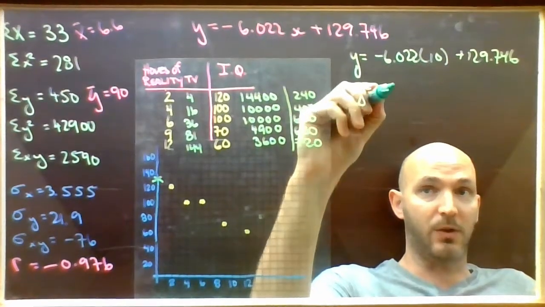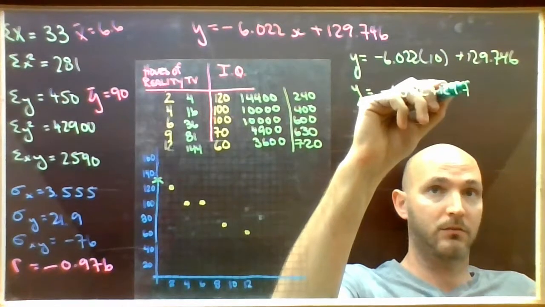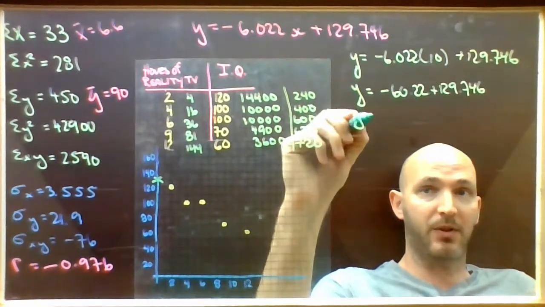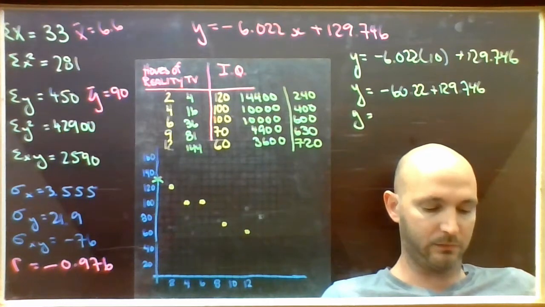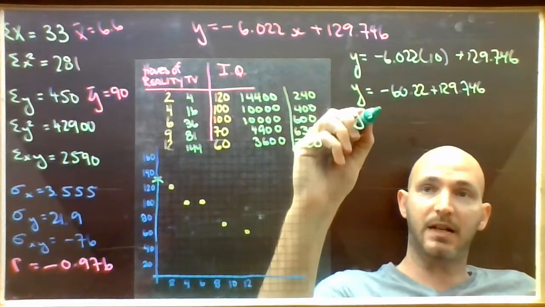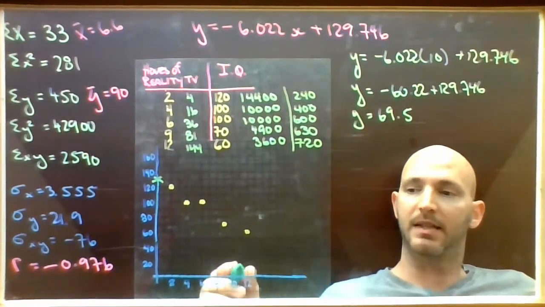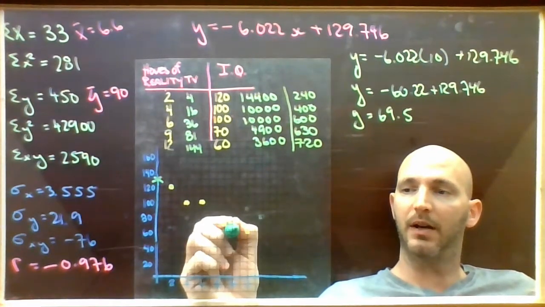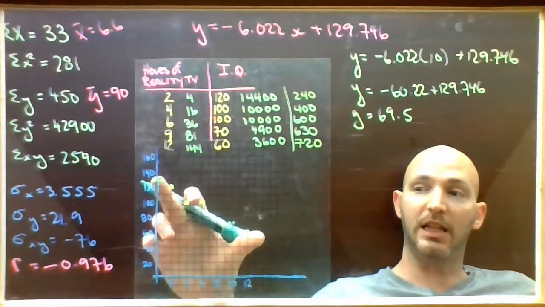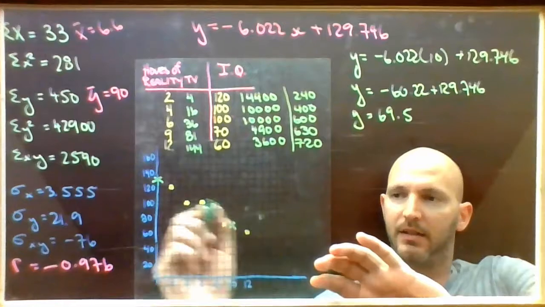Save yourself some work. And if I put those together, I end up with 69.5. It's awfully close to 70. So at 10 hours of TV watching, I have about 70 for my line of best fit. Now look at that. Just fits right in there, right through the center of those numbers. Makes me happy.